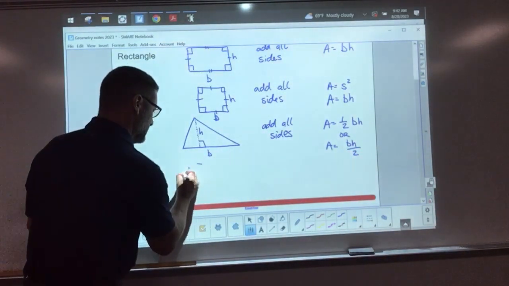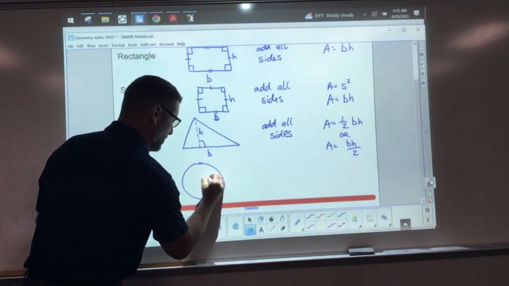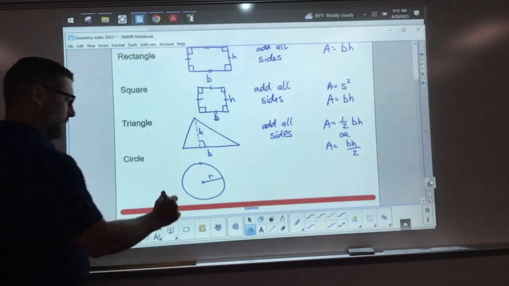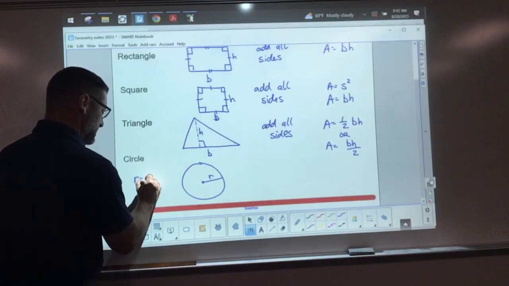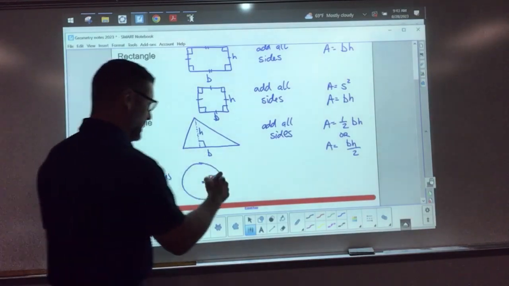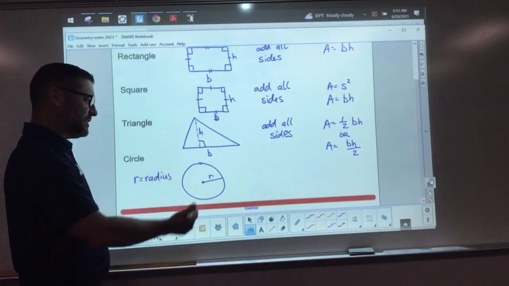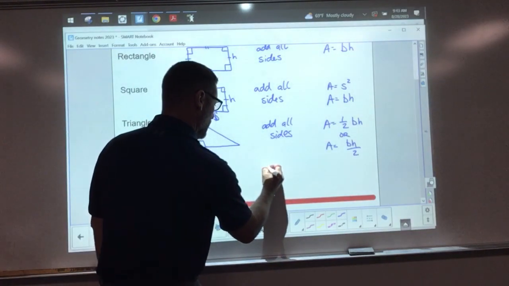And the last thing is a circle. A circle has a radius. I'm going to call that the R. R is the radius. Here the sides are curved, so we have to use a different formula for the perimeter.